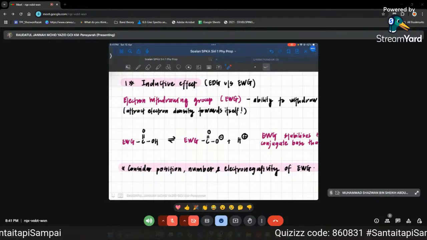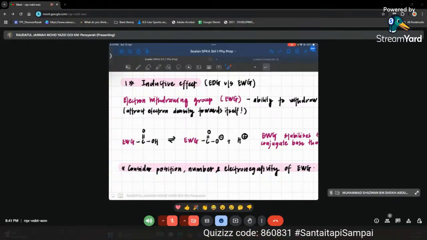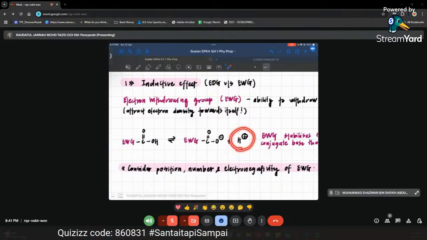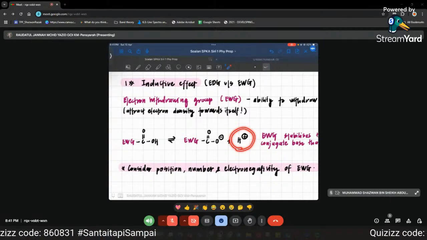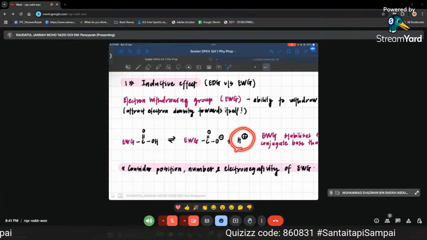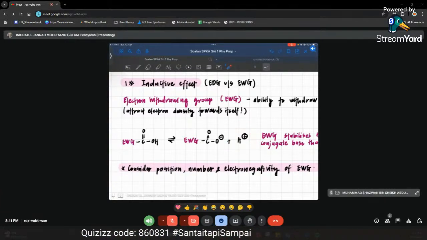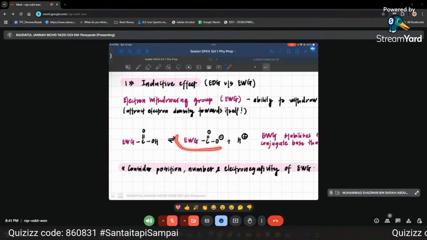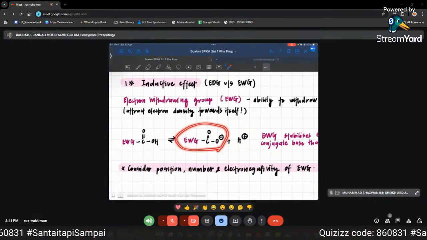So the thing is, if we want the species to show its acidic property, it needs to release a high concentration of protons. Okay, so you have to make sure nobody else disturbs the proton here, to show its acidic property. So in order to do that, you actually have to consider the stability of the conjugate base that you have.